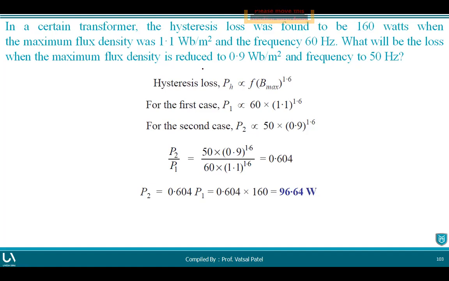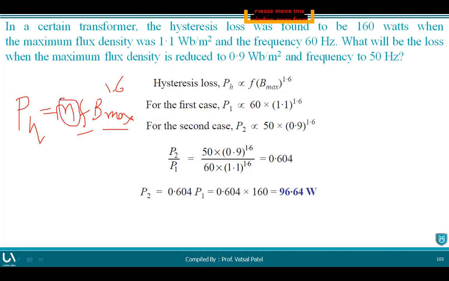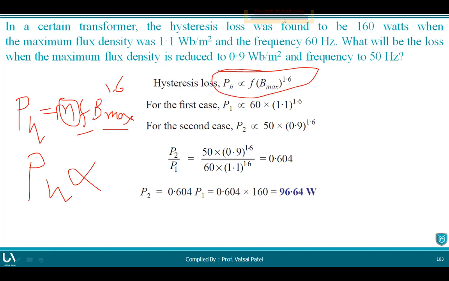Already we discussed this in the previous part: the hysteresis loss component Ph is equal to η f Bmax^1.6. This is the equation we used. Right now two parameters are given here, frequency and Bmax, and this is our Steinmetz coefficient, which we are not going to use over here. So we can directly write Ph proportional to f Bmax^1.6. Now we have two cases here.